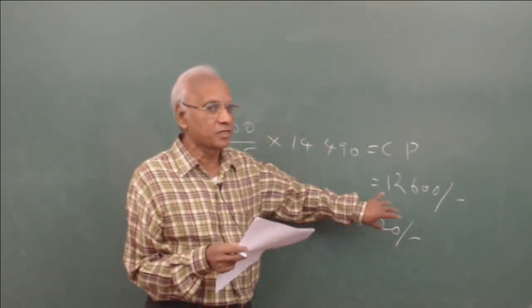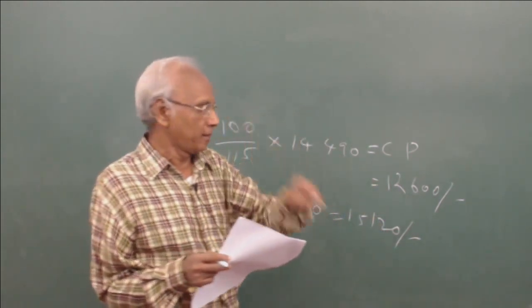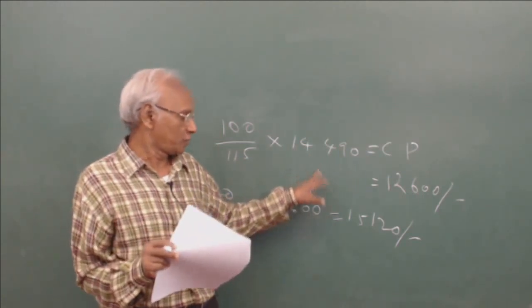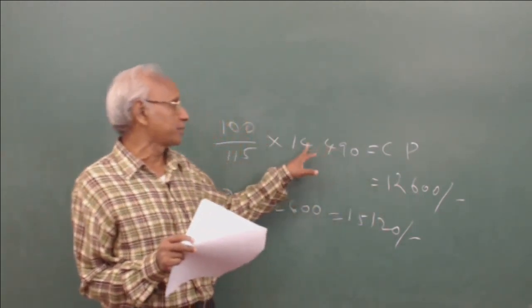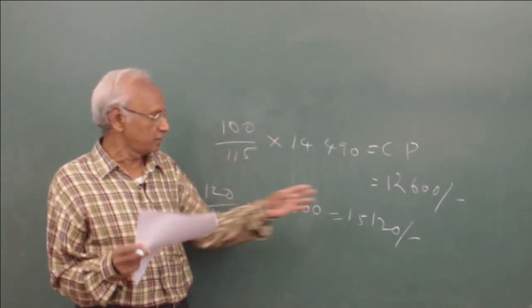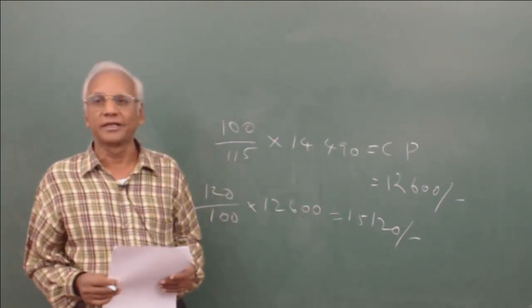This is the price shown on the price tag. But he will slash it and show the price at which he sells. So from 15,120, he has reduced the price to 14,490. That is the discount. The difference between these two works out to 630 rupees.